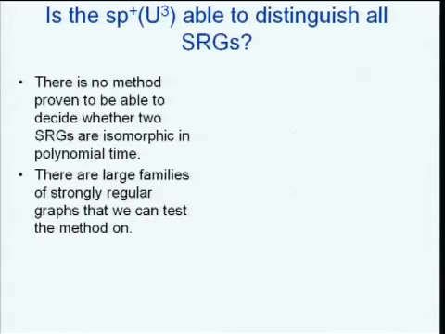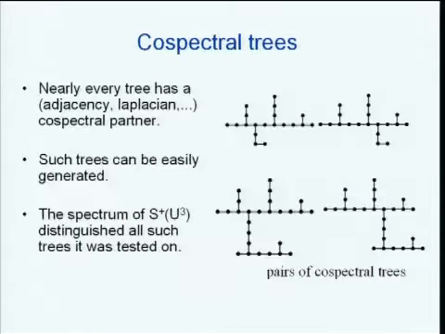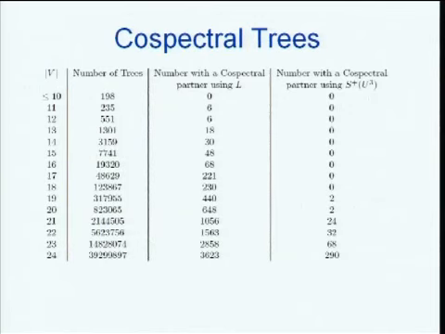I don't really want to go into the details, but all I want to do is show you this plot here, where we have taken all trees up to 24 nodes, and we have computed how many are co-spectral if we just use the Laplacian matrix, and how many are co-spectral if we use our characterization based on quantum walks rather than classical walks.